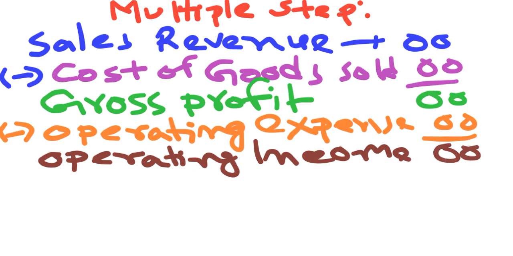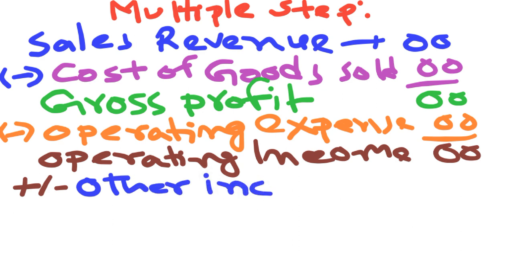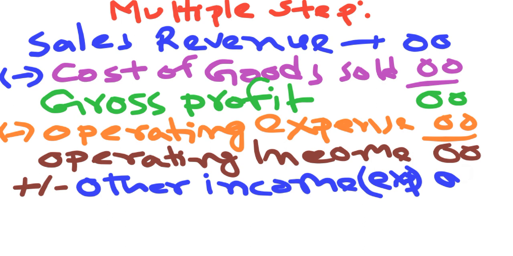From operating income, now we will add or subtract other income or expense. This will be the net. So this is our other income or expense.